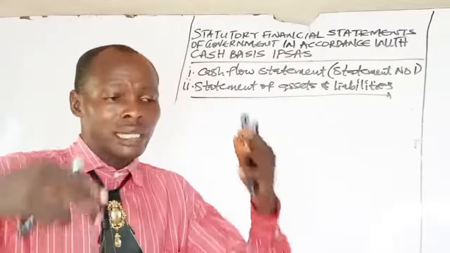This statement highlights the various funds on the liability side. That is, on the liability side, we are going to have the various funds: CRF funds, capital development funds, and any other funds.